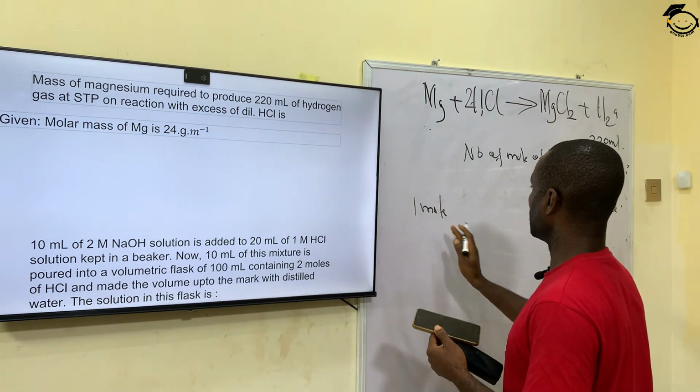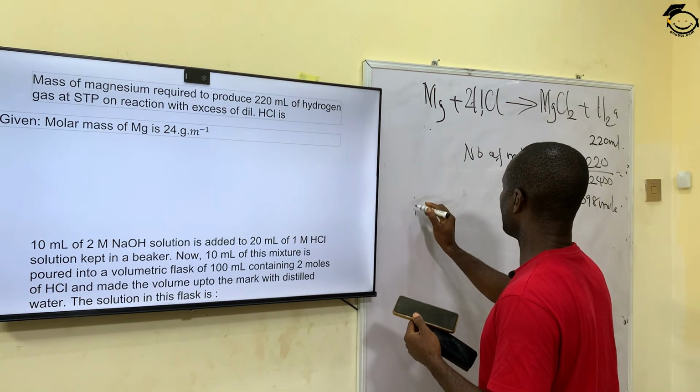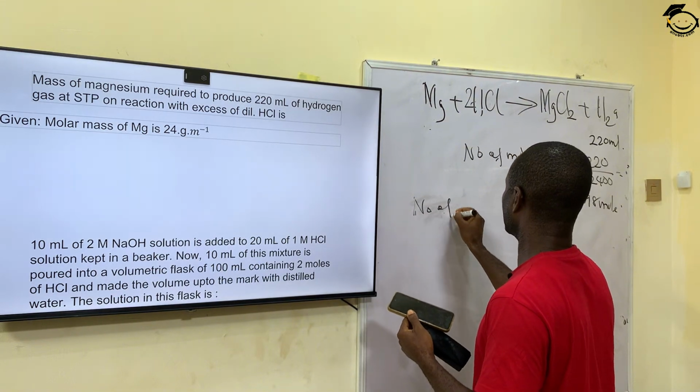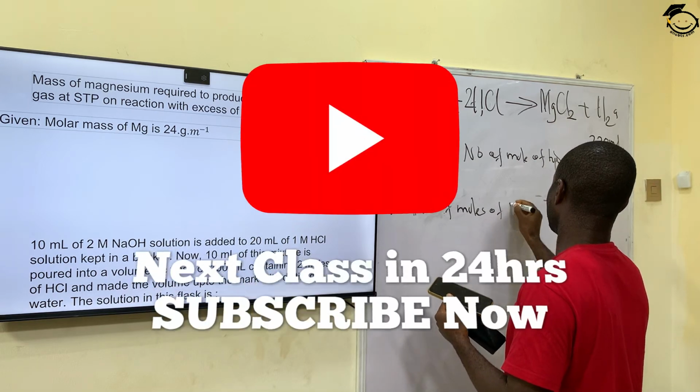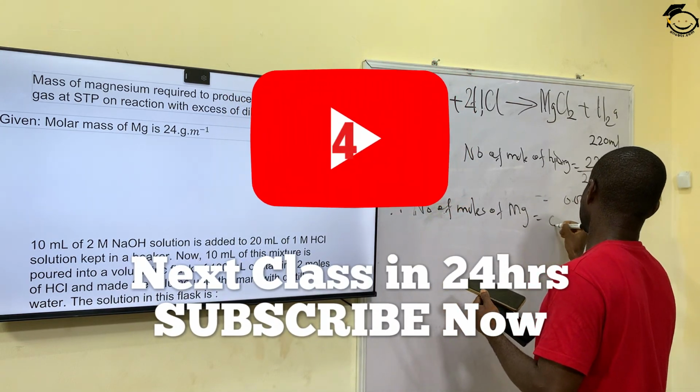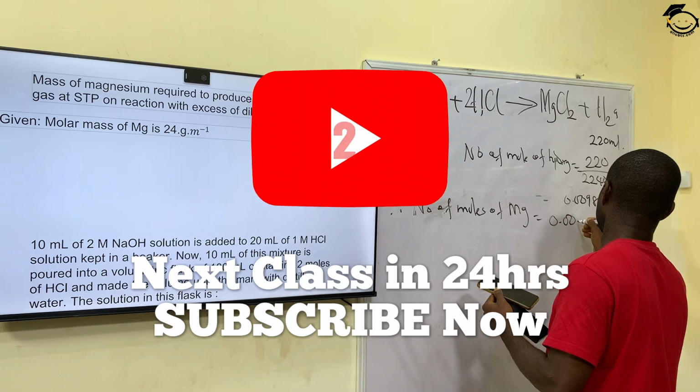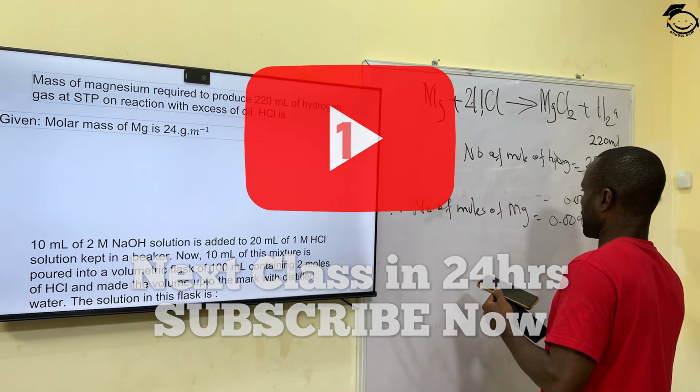Since 1 mole of hydrogen is equivalent to 1 mole of magnesium, they have the same number of moles. Therefore, the number of moles of magnesium equals 0.0098 mole.